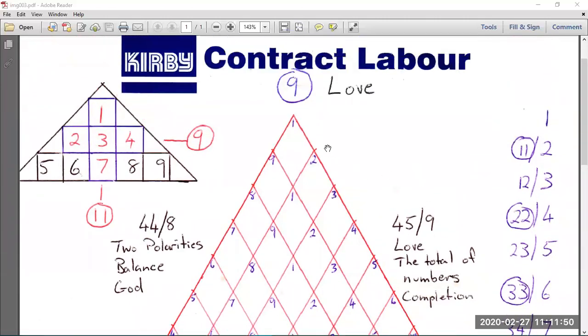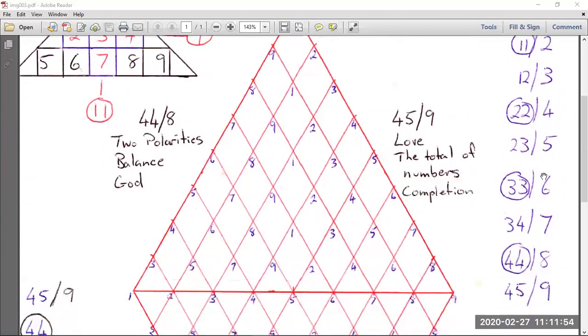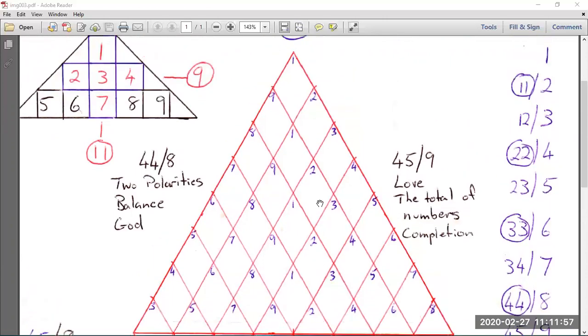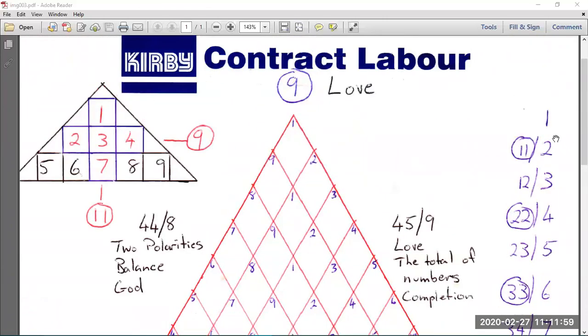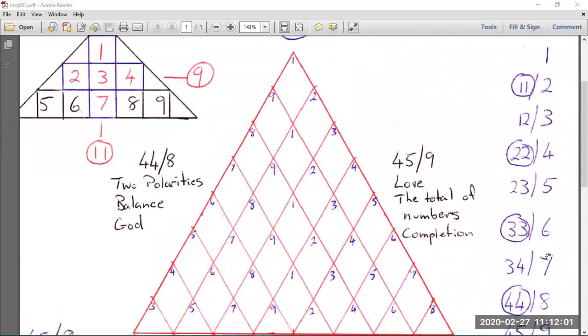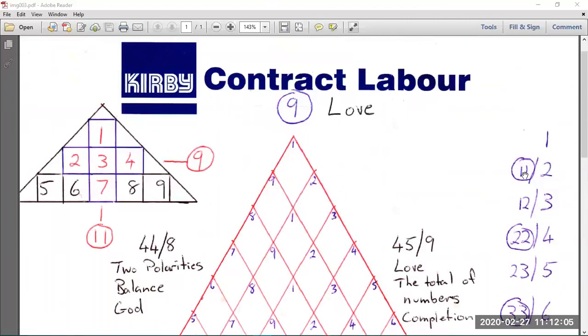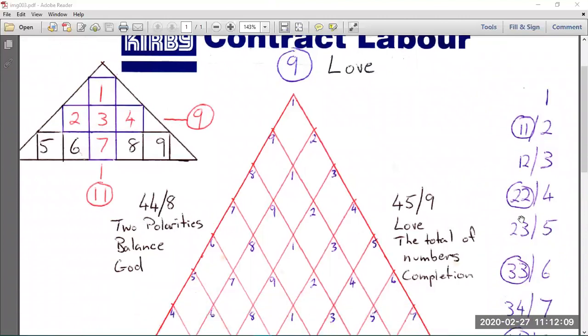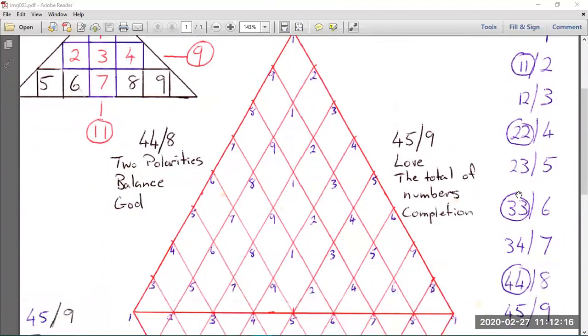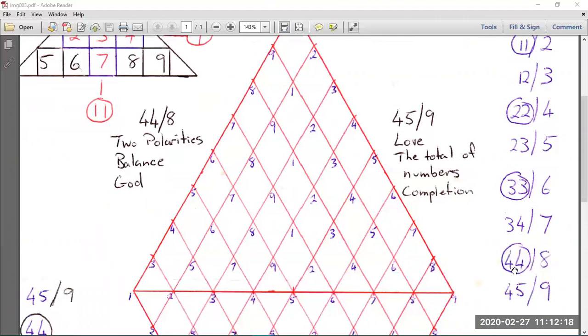Now, here, when you add these lines up horizontally, you get all these numbers here. So on the physical, we get 1, 2, 3, 4, 5, 6, 7, 8, 9, all the way down. And these are the numbers. So 9 and 2 is 11, 8, 1 and 3 equals 12, 6, 8, 1, 3, 5 equals 23. And of course, here we've got all the master numbers in here as well.